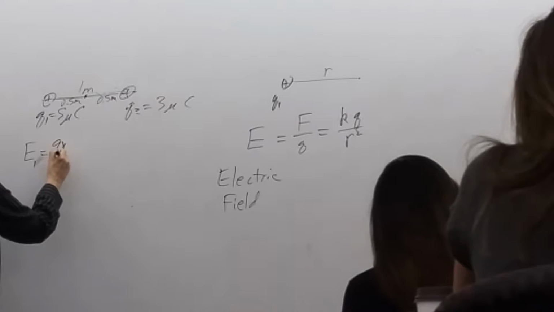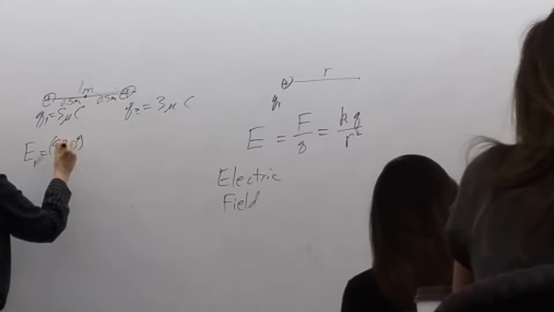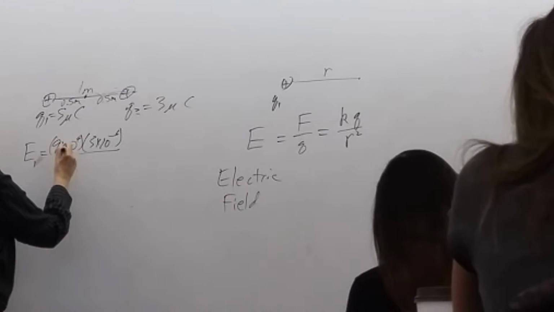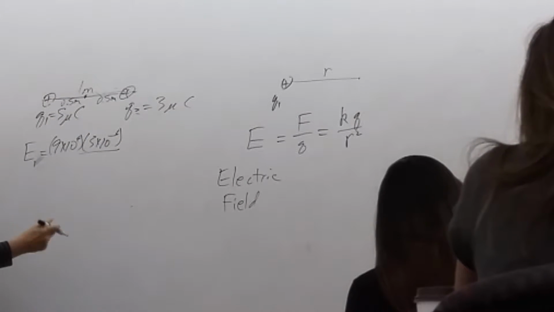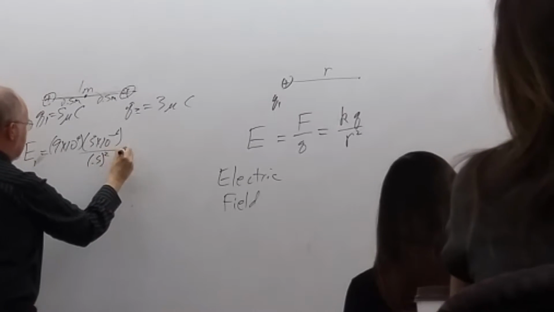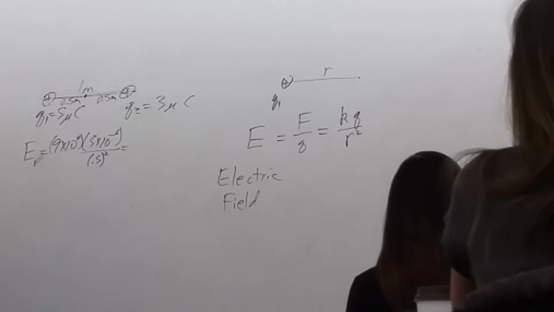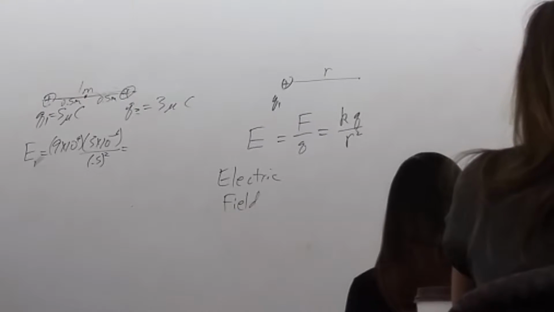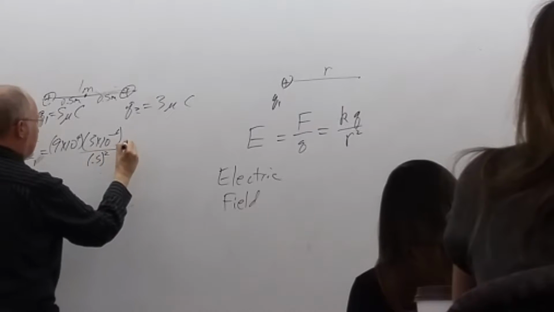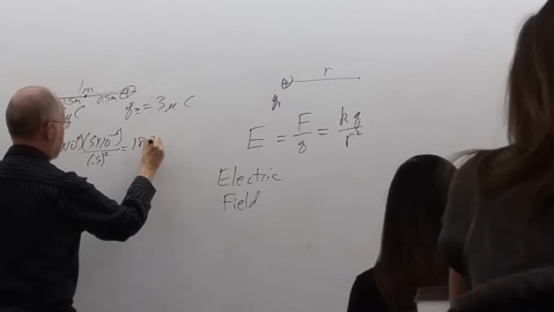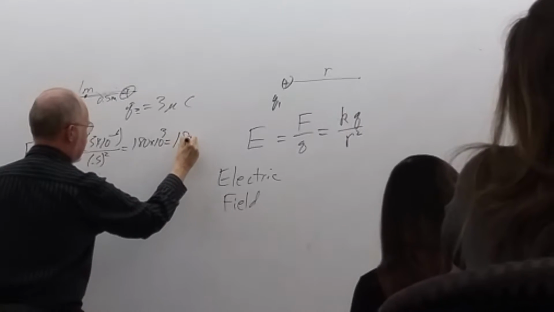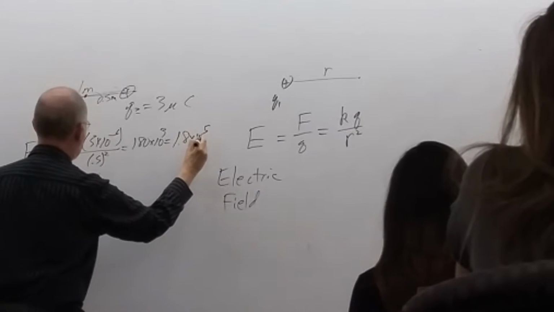Well, it's k, so 9 times 10 to the 9 times that charge, 5 times 10 to the negative 6, divided by the distance away from that squared. So divided by 0.5 squared. And so you have 9 times 5 is 45, and then times 4 would be 160, 170, 180 times 10 to the third, or 1.8 times 10 to the 5th.